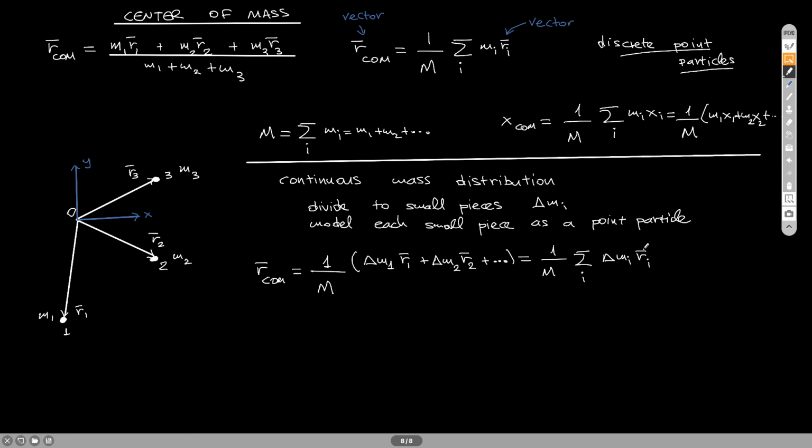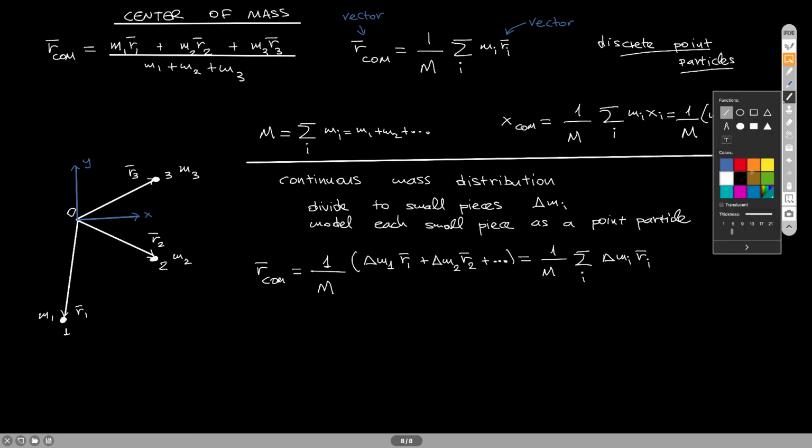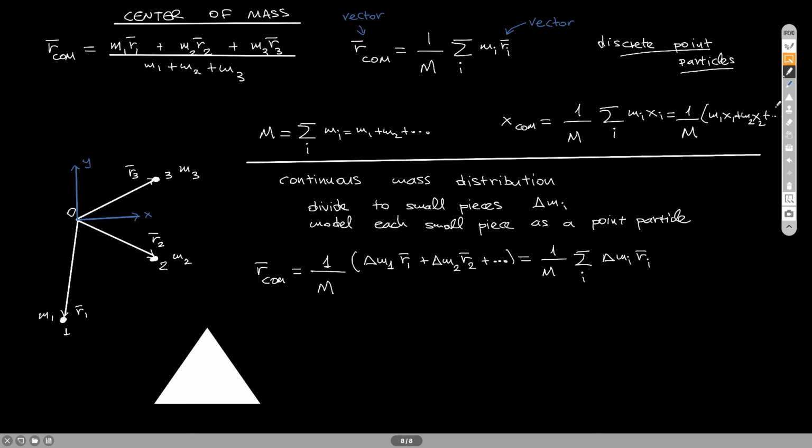Now, in this calculation, let's say I have a pyramid, whatever shape you have in mind. Now this is not 3D, but let's imagine that this is a 3D object. So I take this and I divide it into pieces.